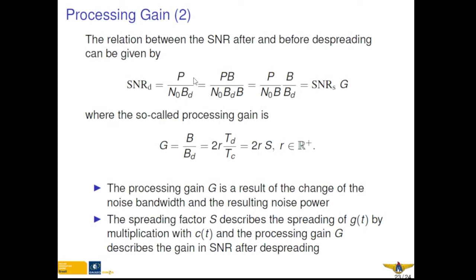For example, if you use a BOC(1,1) signal and a 4 megahertz two-sided bandwidth, or 2 megahertz one-sided bandwidth, the time bandwidth product is 2. So R is related to this time bandwidth product. It depends on the choice of B in your receiver, and also on the relation between B and the chip duration.